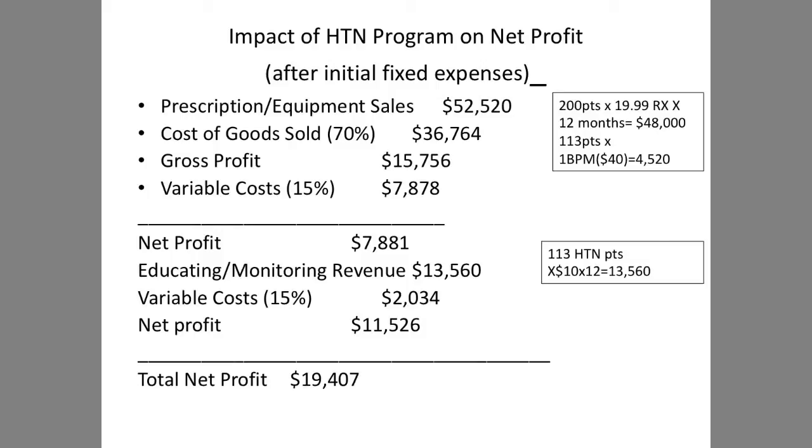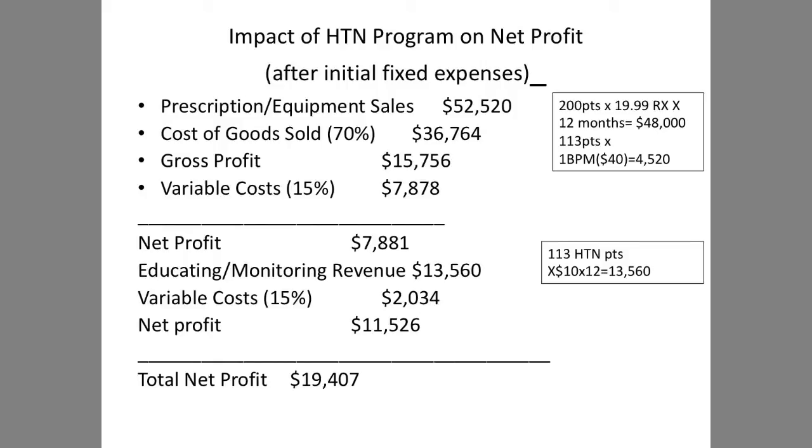And so that is a way that I can do an analysis of projecting what would be my total sales of this program. So, for example, say that I only have 113 patients out of the 200 that are interested. Then I would take the 113 times 40, and that's how much I'd have in sales in blood pressure.